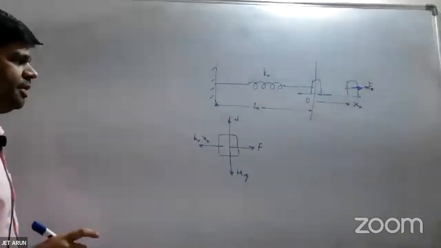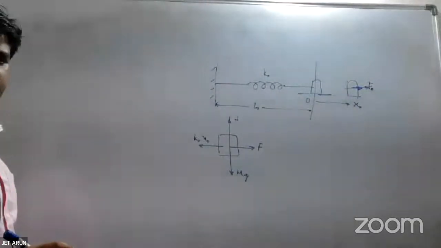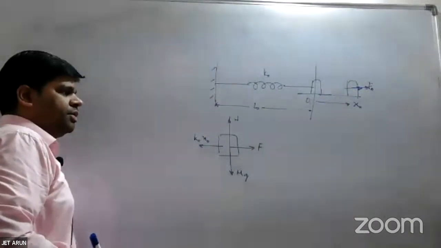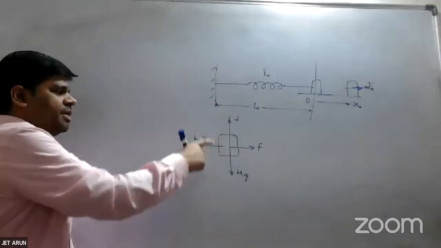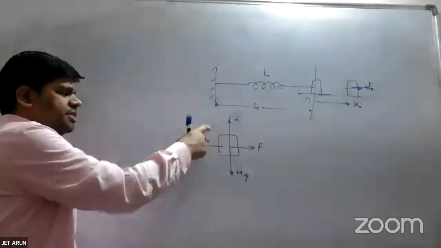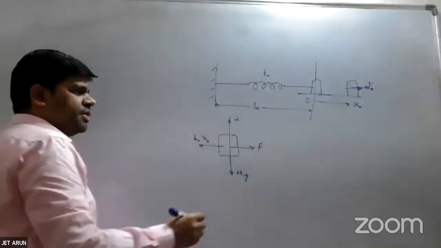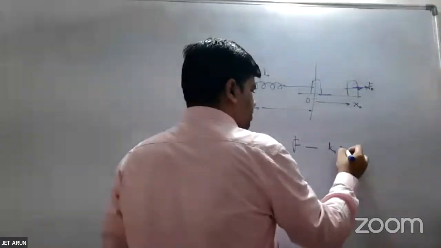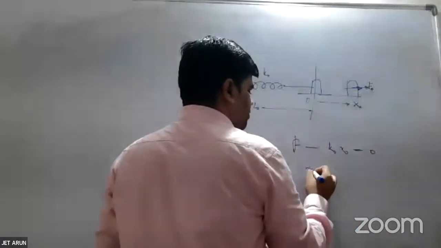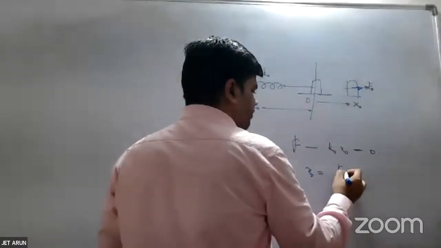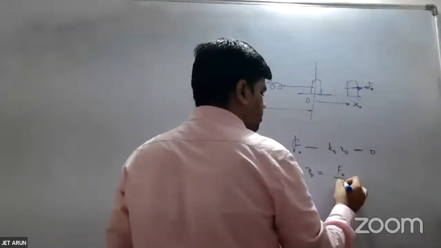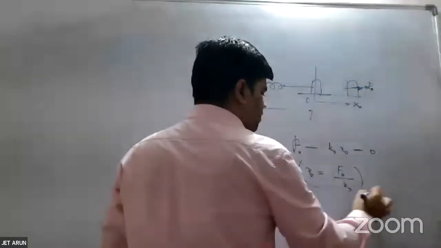Because it's in equilibrium, net force is zero in both vertical and horizontal directions. In the vertical direction, N minus mg is equal to zero, so N is equal to mg. In the horizontal direction, F naught minus K naught X naught equals zero. So X naught, the equilibrium extension, is F naught by K naught.